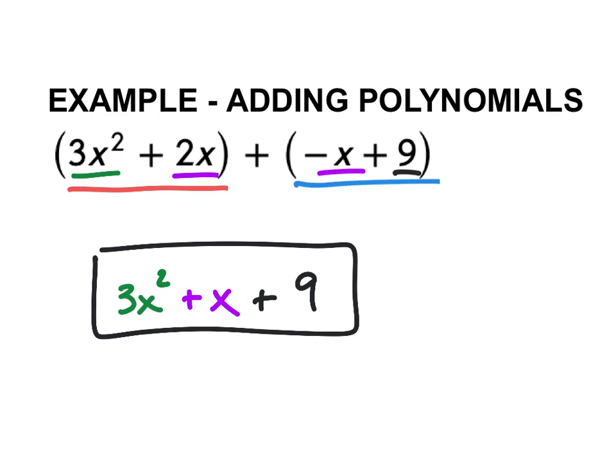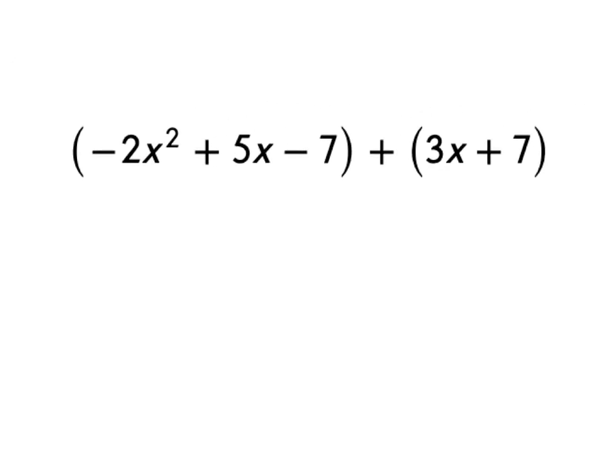All right, let's take a look over at this one. I've got this polynomial here plus this other polynomial here. So I've got negative 2x squared, and I don't have any other like terms with an x squared. So I'm just going to drop down minus 2x squared. Then I'm going to look at the other like terms.